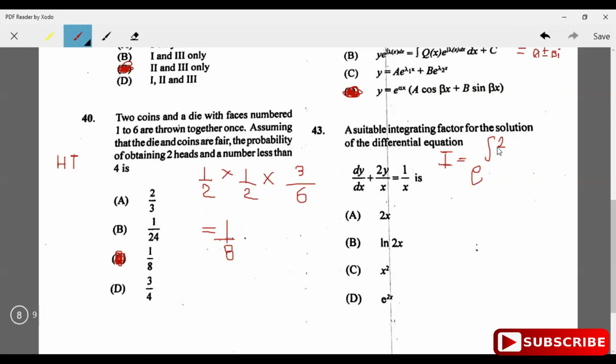If I integrate 2 over x, you get 2 ln x. So it's e to the 2 ln x, and 2 ln x is really e to the ln of x squared, which is x squared. So the choice is C. X squared, yeah, that's C.